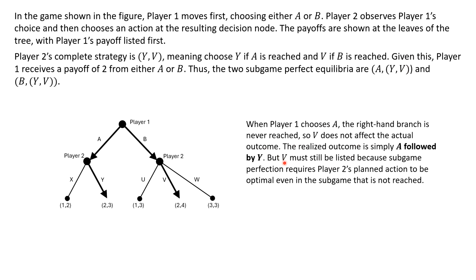But V must still be listed because subgame perfection requires player 2's planned action to be optimal even in the subgame that is not reached. Okay, so that's the rule, and you would have the same reasoning for adding Y in the case you're going down this branch here. You'll see this type of notation used in various game theory books.